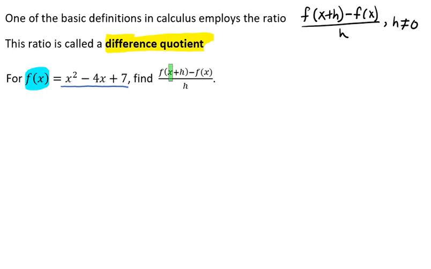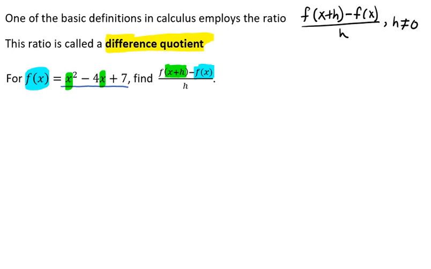So right here when it says f of x plus h, that means everywhere that we see an x, we're going to need to put x plus h, because that's what we're plugging in. So we'll be putting this in that spot. And then here we'll be putting our original function there.